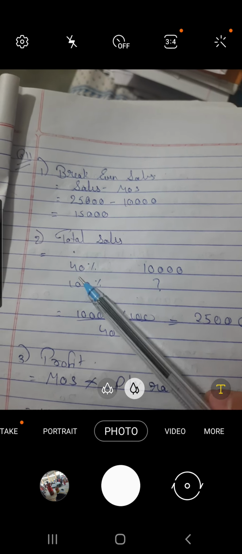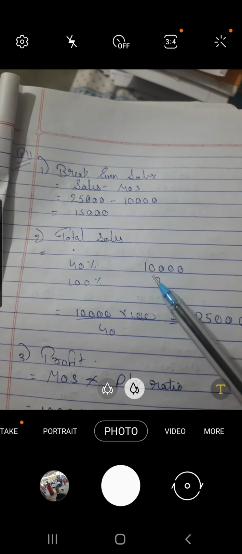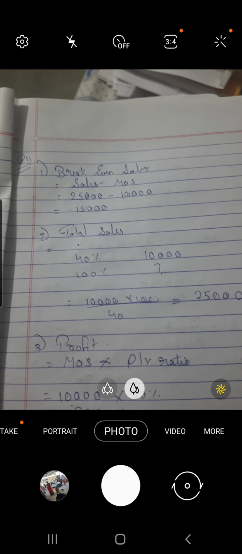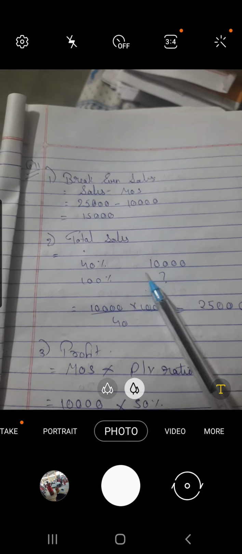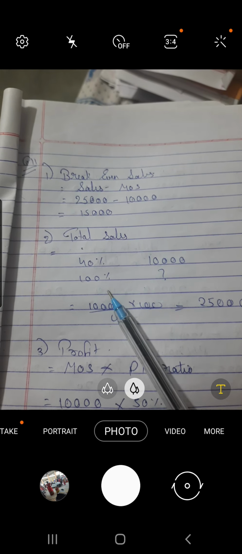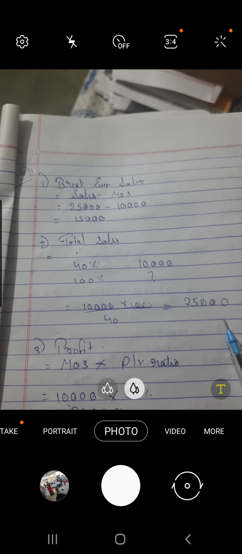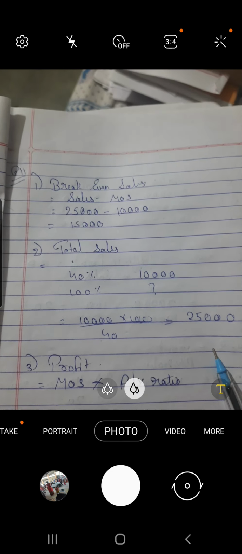So if 40% is 10,000, how much will be the value for 100%? Cross multiplying, 10,000 into 100 divided by 40 will give 25,000 as the answer, which is our total sales.